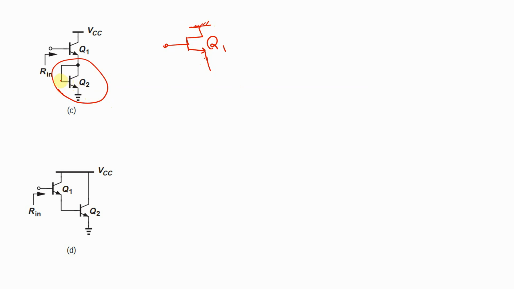When we connect the base and collector of the BJT together, you have a diode connected device, and I already posted a video about how to calculate the diode connected device. You can replace it with a resistance, because it just has two nodes, and its resistance equals 1 divided by GM2. And now I'm going to calculate Rin.